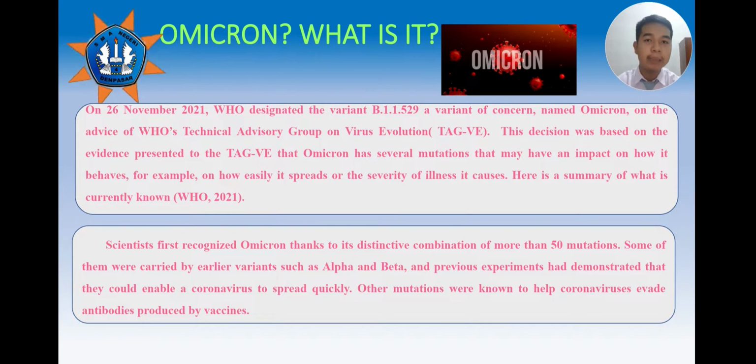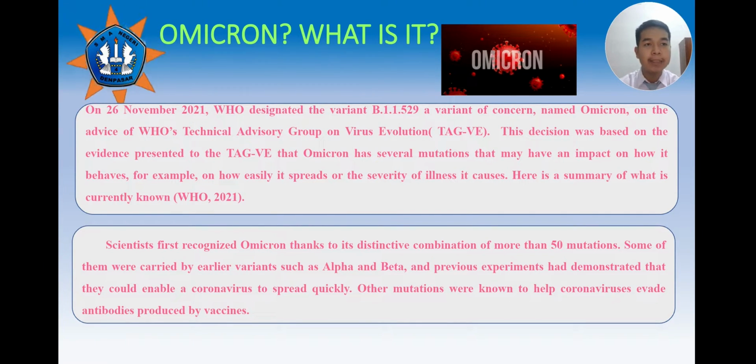So today I will explain how to protect ourselves against the Omicron variant. But before that, I will explain what the Omicron virus is. It is a variant of COVID-19, and it is very well known in this situation. On 26th of November 2021, WHO designated the variant B.1.1.529, a variant of concern named Omicron, on the advice of WHO's Technical Advisory Group on Virus Evolution, or TAG-VE.